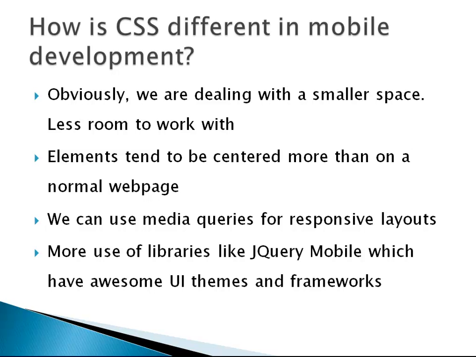We can use media queries for responsive layouts, which I'll show you in a second. So we can basically have certain CSS rules for a certain width of the screen. So if we open a browser and we drag it to make it smaller, the template or the website will actually become smaller with it, and it'll have different types of layouts according to the size of the screen.